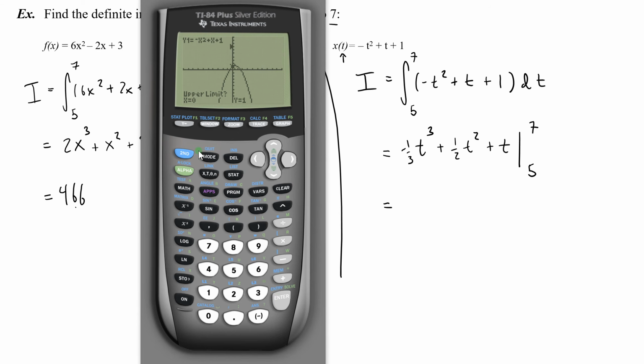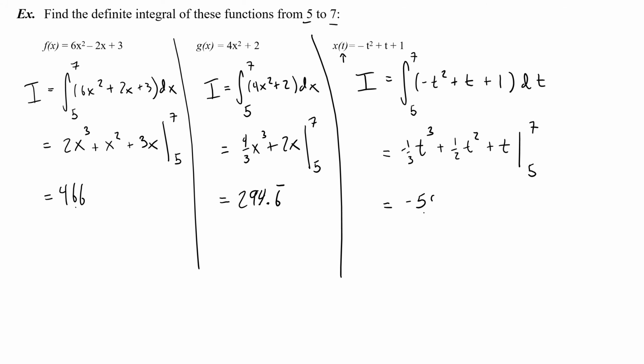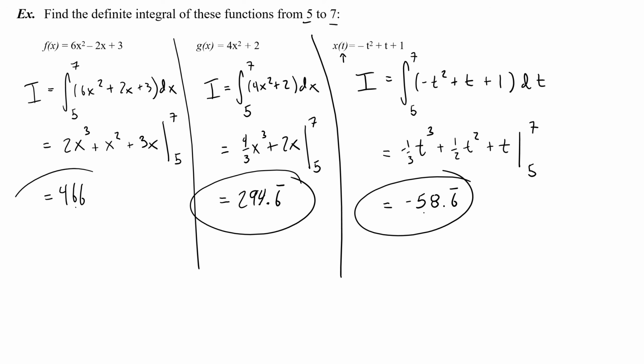My lower limit is 5. My upper limit is 7. Notice that this area is going to be negative because it's below the x-axis. So a negative 58.6 repeating. And there are my answers to these 3 definite integrals.